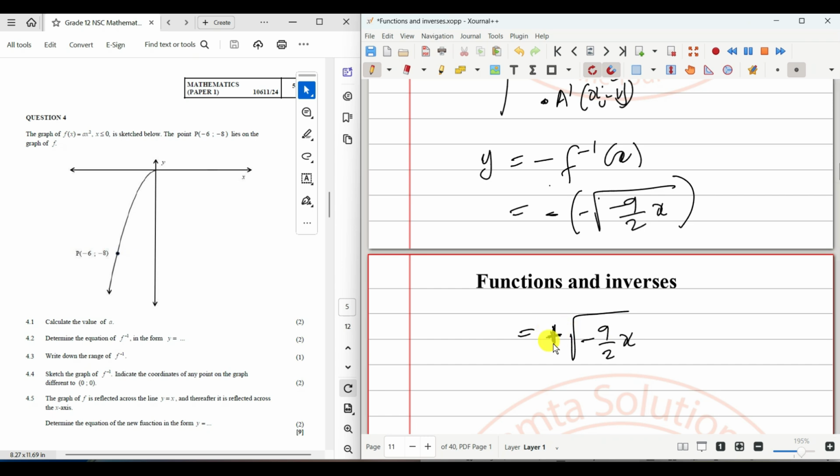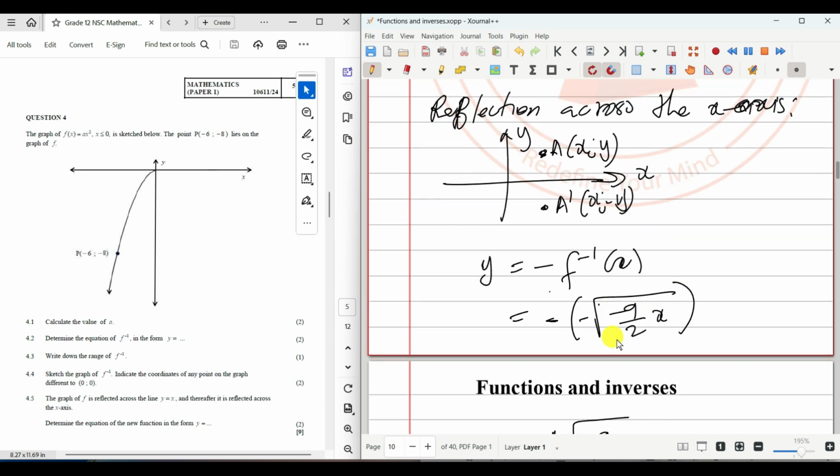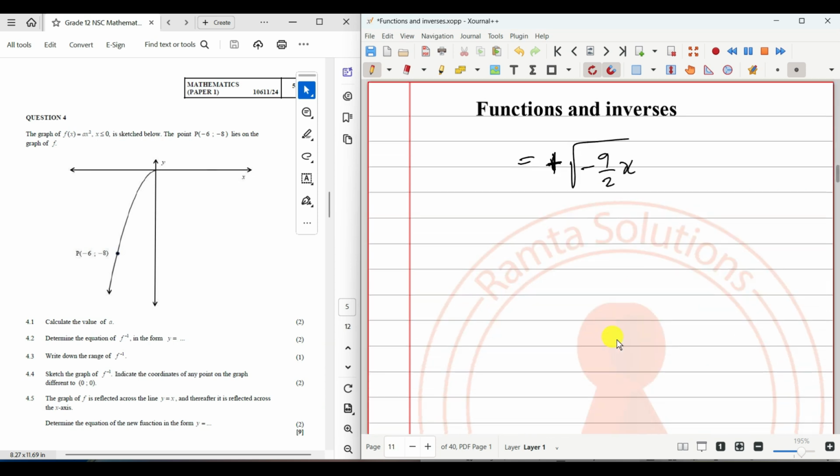It is a positive, even if you don't write this positive. So this is you. For 2 marks, you are done. This is why this question was 2 marks, because the first part was covered. Now the second part, you see it, and this is how we do it.